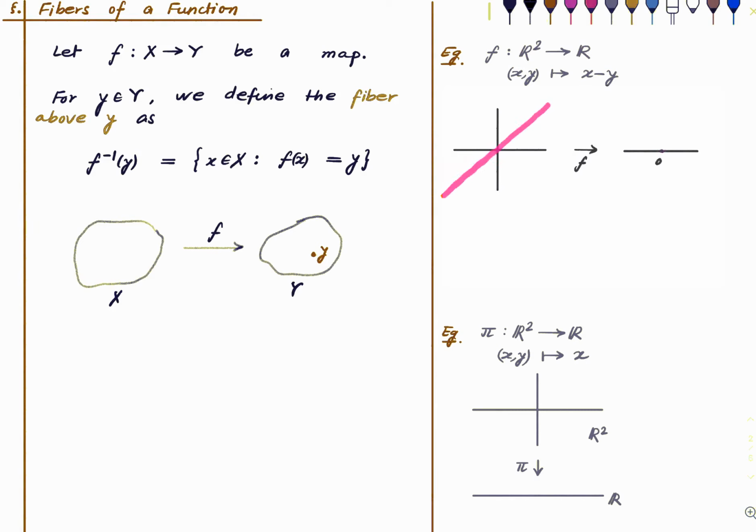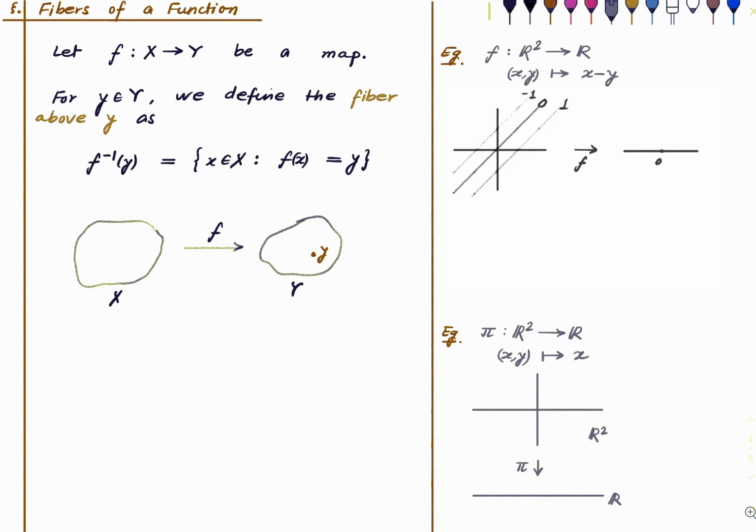So this entire line maps to 0, and therefore I'll label a 0 here. And to draw one more fiber, all of these points map to -1, where this is supposed to be the point (0, 1). And similarly all of these points map to 1.